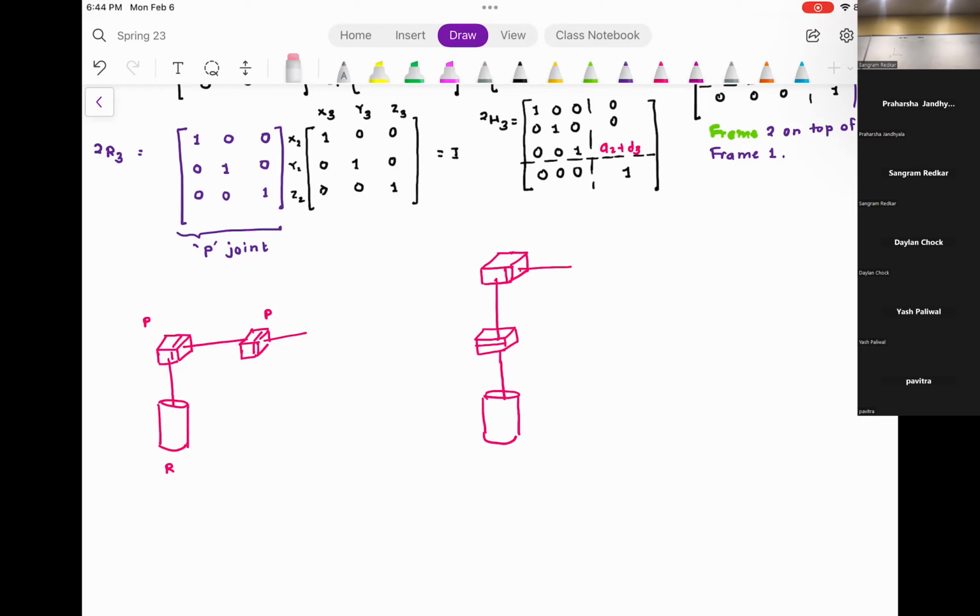Whether you consider revolute first or prismatic first is totally up to you, but for the kinematic diagram you have to assume those two joints have some finite distance. At the end, once you get your forward kinematic expression, set that distance equal to 0. So for analysis we break it up, but at the end the distance is 0.